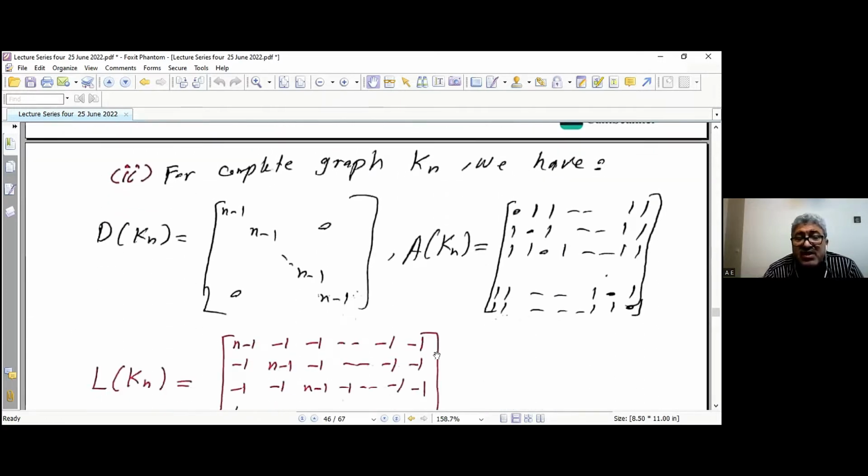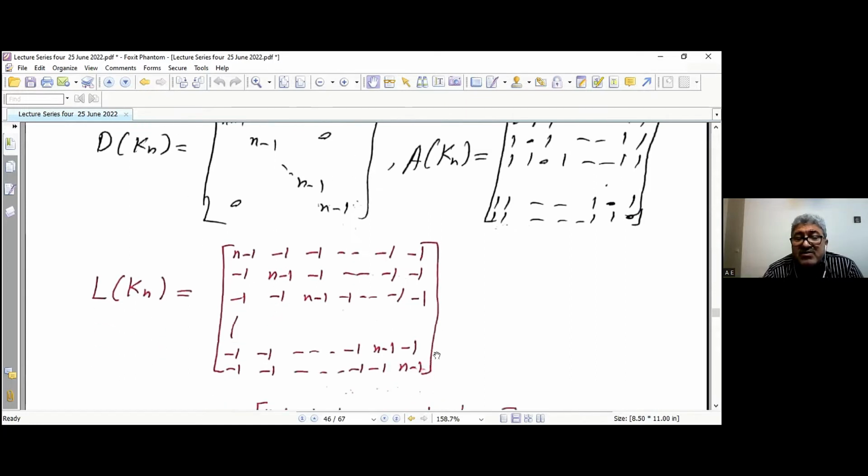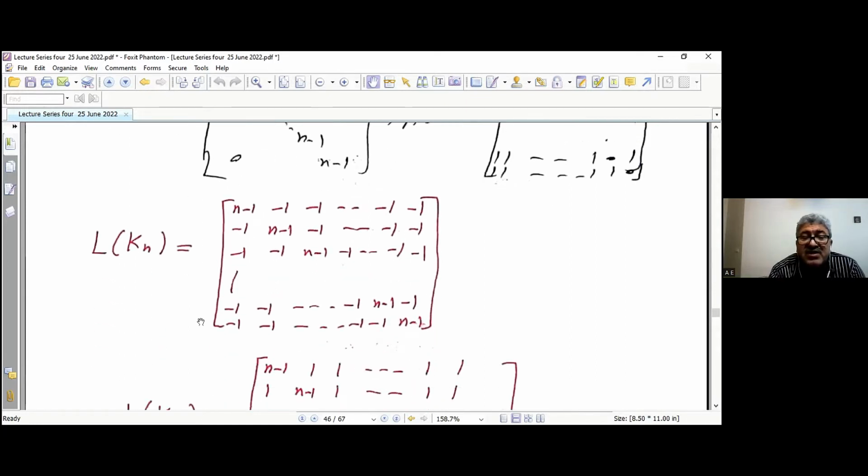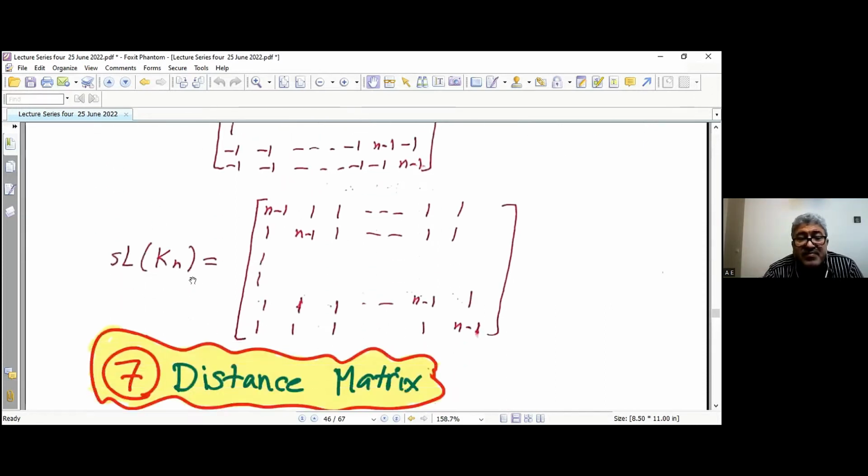Also, here is another example for the complete graph Kn. This is the Laplacian matrix, and this one is the signless Laplacian matrix. All minus ones are just replaced by ones.